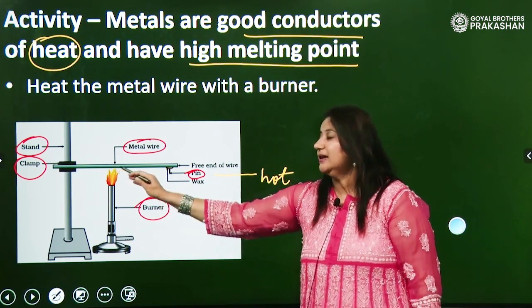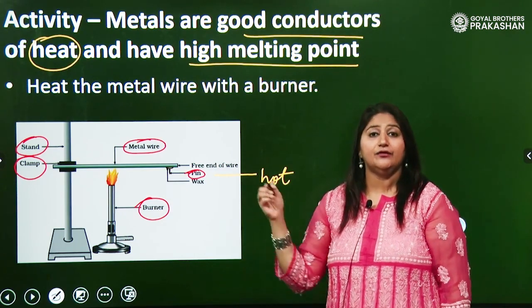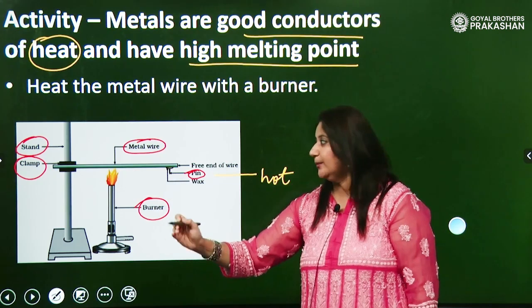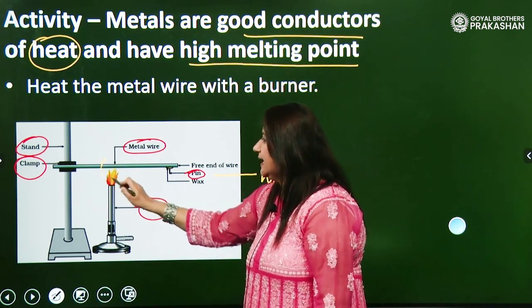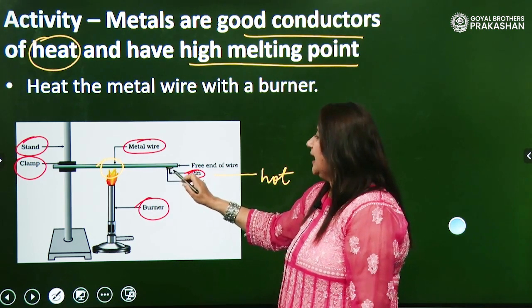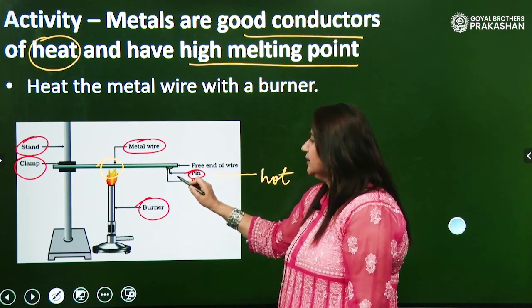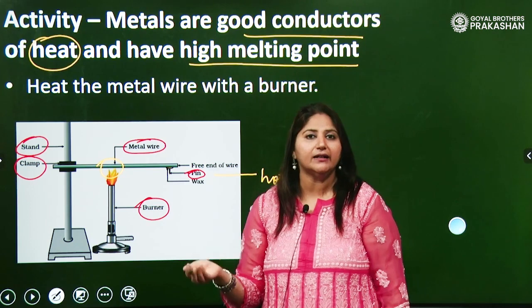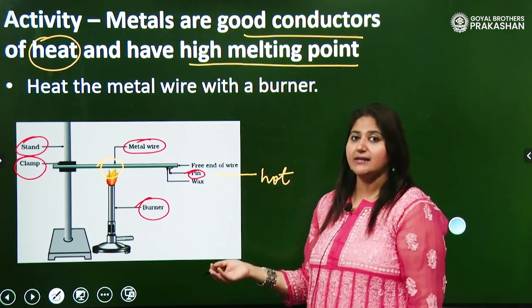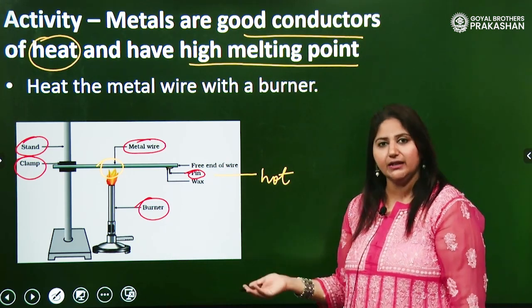Because metal is a good conductor of heat, it will transfer heat from one point to another. We are heating from this end and the heat will transfer to the free end. And not only that, it will also transfer to the pin, because the pin is an iron nail, also made of iron, a metal. So it means that metals are good conductors of heat.